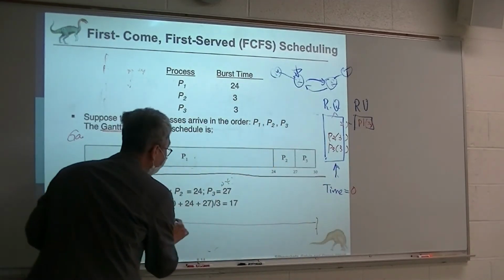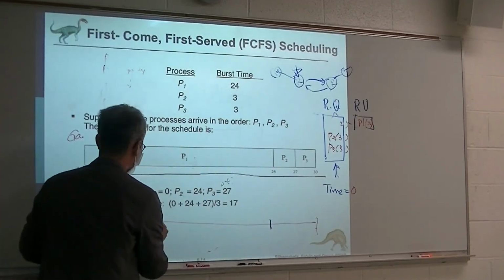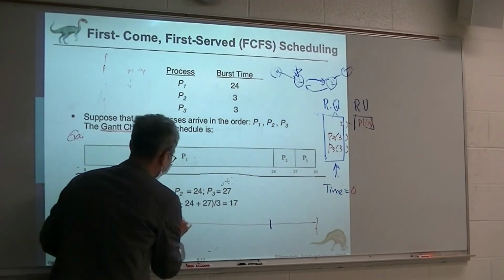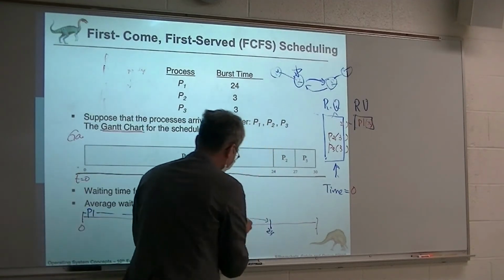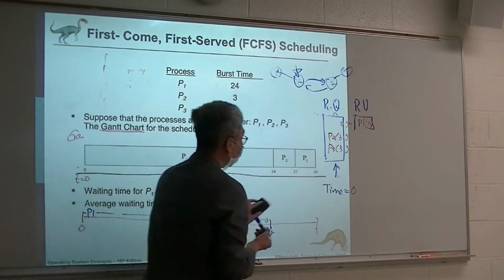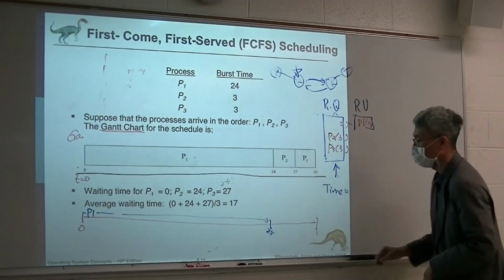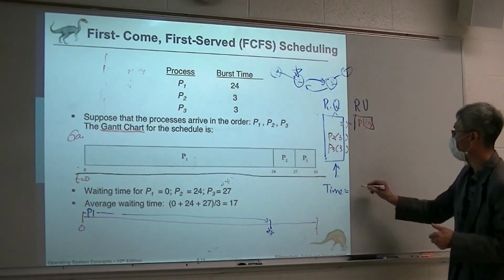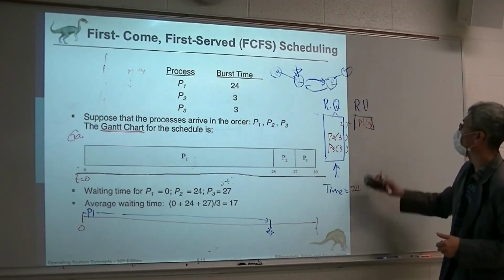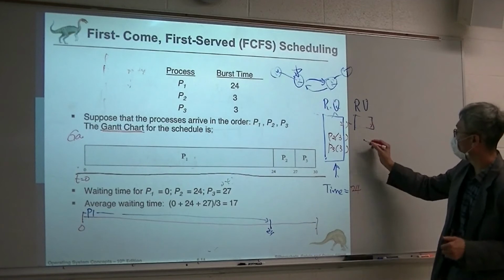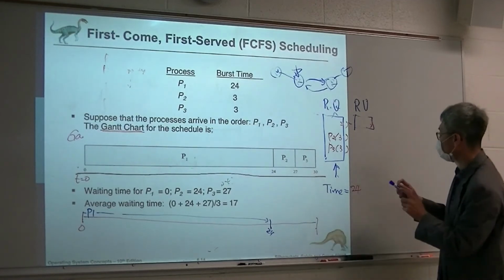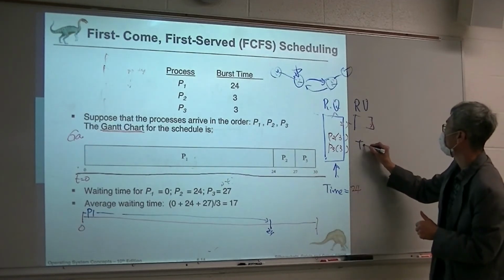So 1, 2, 3, 4, up to 24 time slots. P1 takes up to 24. Then at time 24, this one will be terminated. If you want, you can manage one more data structure, a terminated process list.